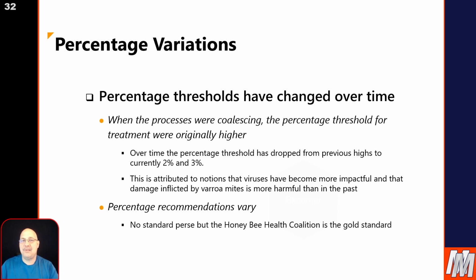There are also other factors to consider, which we will talk about on the next slide. But as a rule, we say to follow the gold standard and adhere to the threshold percentages articulated by the Honeybee Health Coalition Varroa Management Guide. That too will be expanded upon by the end of this lesson.